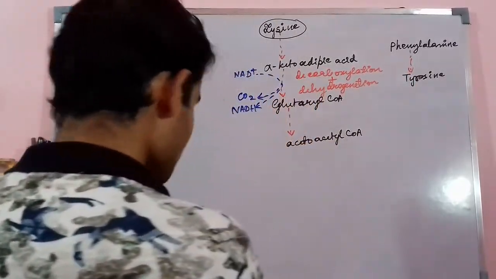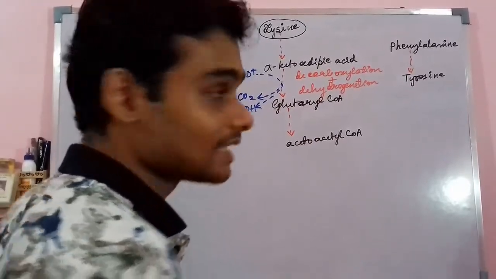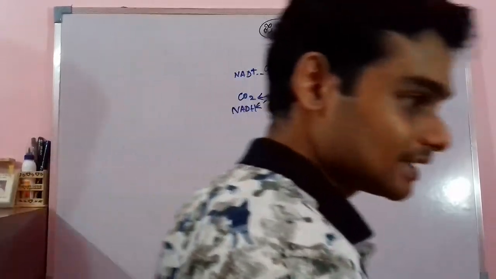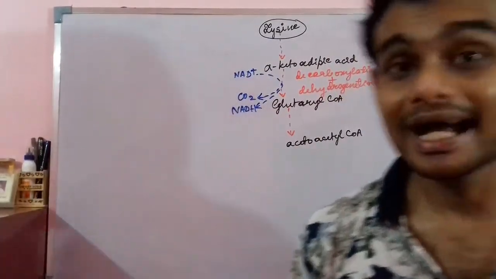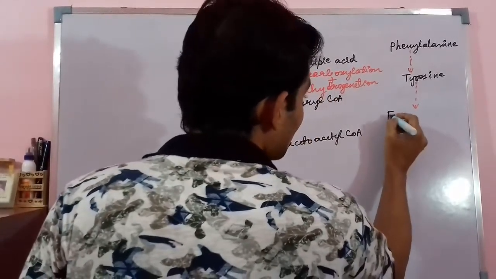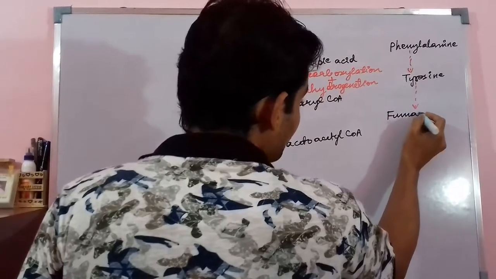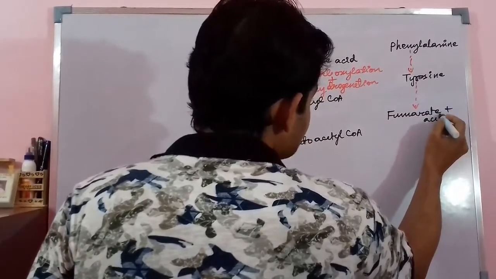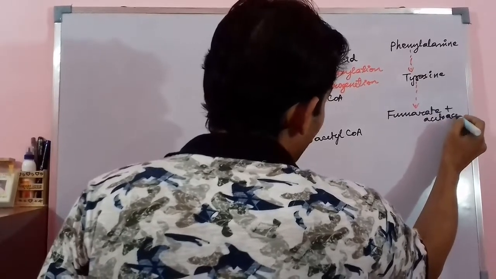Now this tyrosine molecule, through 6 or 7 successive steps involving dioxygenase, dehydrogenation and isomerization, gets converted to fumarate plus acetoacetate.